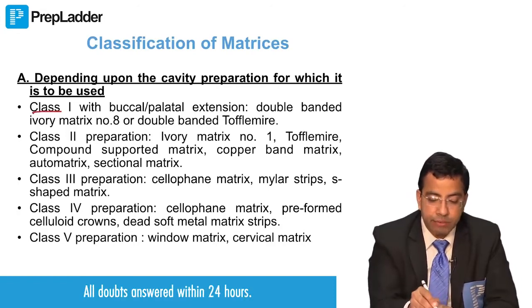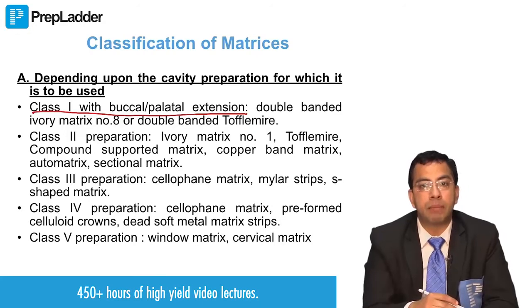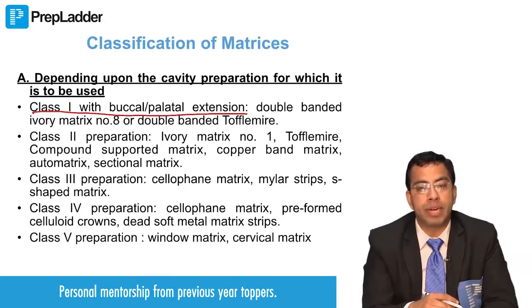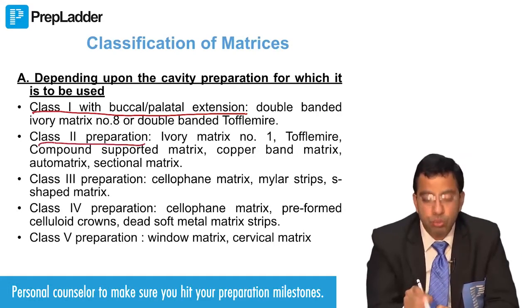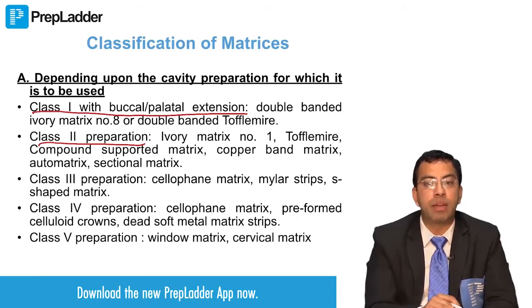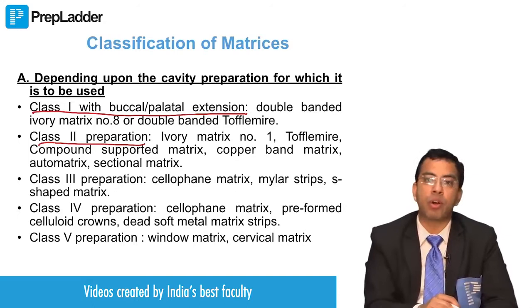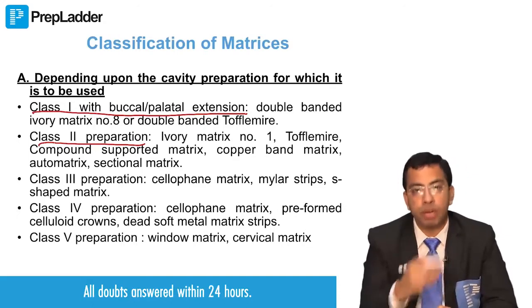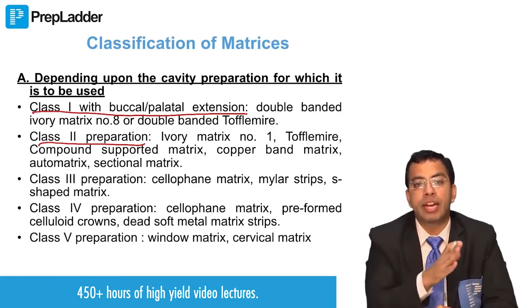So, if you have a class 1 with a buccal or palatal extension, then you would use a double banded ivory matrix number 8 or a double banded Tofflemire. If you have a class 2 cavity preparation, then you would use ivory matrix number 1, Tofflemire, a compound supported matrix, a copper band matrix, an auto matrix or a sectional matrix.